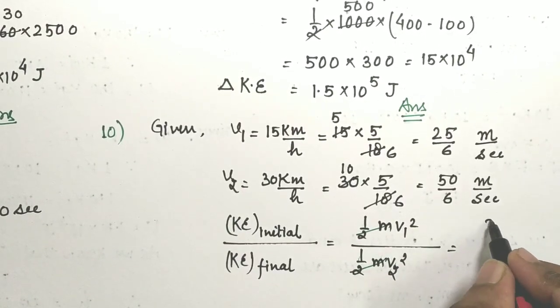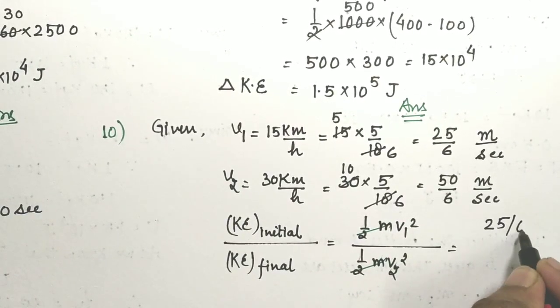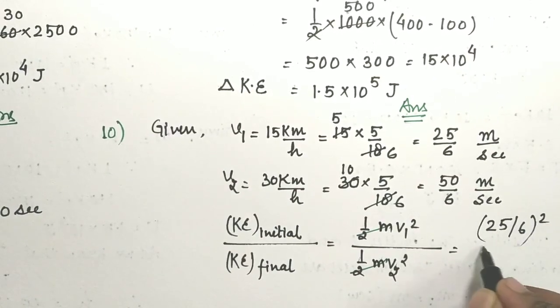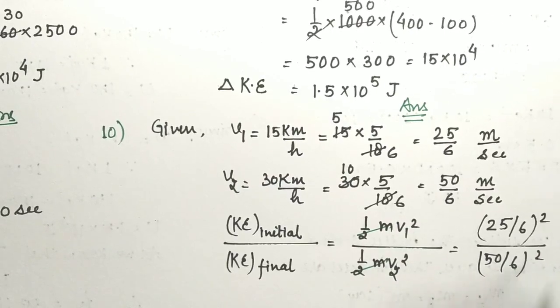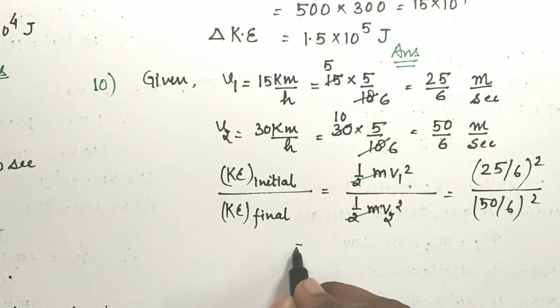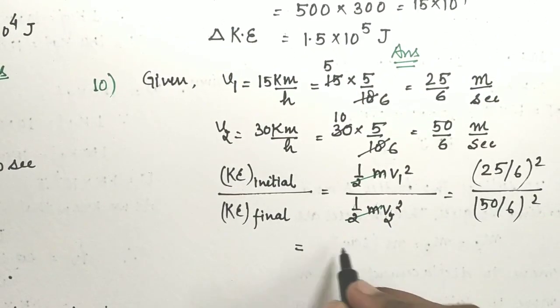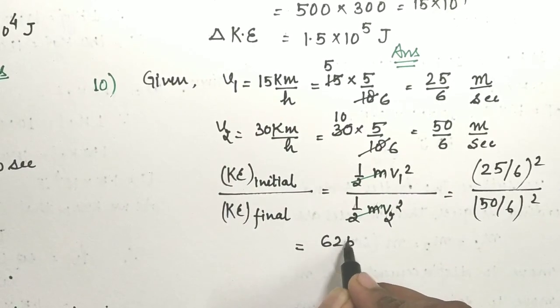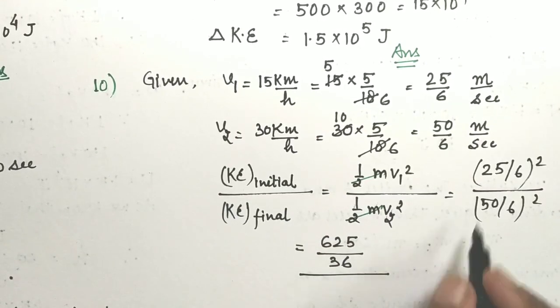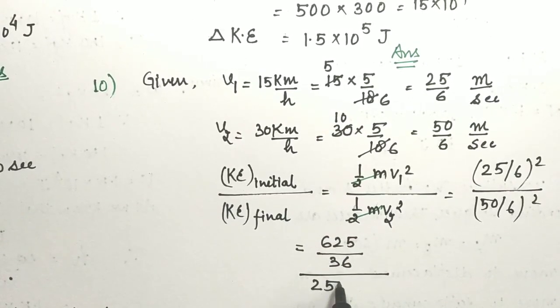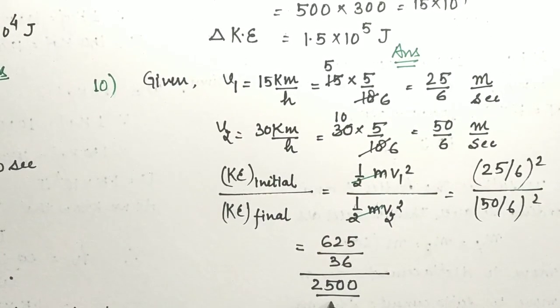v1 is equal to 25 by 6 whole square upon 50 by 6 whole square. Students, in this condition what will we get? Square of 25 will be 625 upon 36, upon square of 50 will be 2500 upon 36. 36 and 36 will be cancelled out.